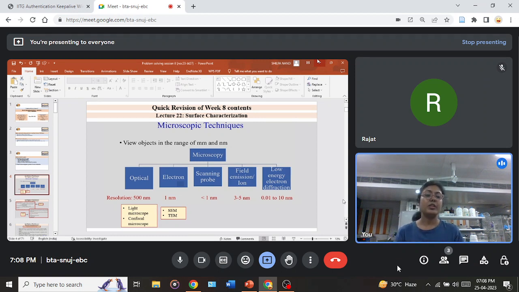So we'll go through a quick revision of the week 8 course content. In lecture number 22, we discussed the various techniques for surface characterization. Basically, two kinds of techniques were focused on: microscopic techniques and spectroscopic techniques. In microscopy, we use a microscope to view objects in the range of millimeter to nanometer.